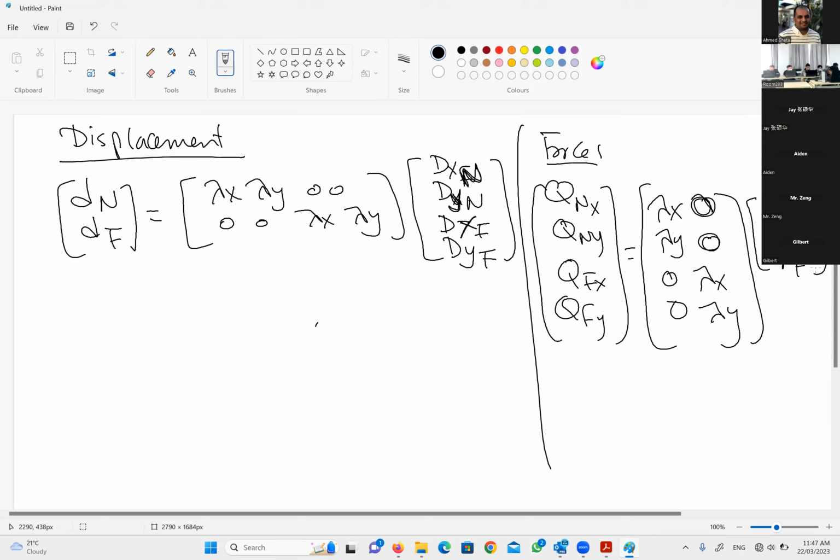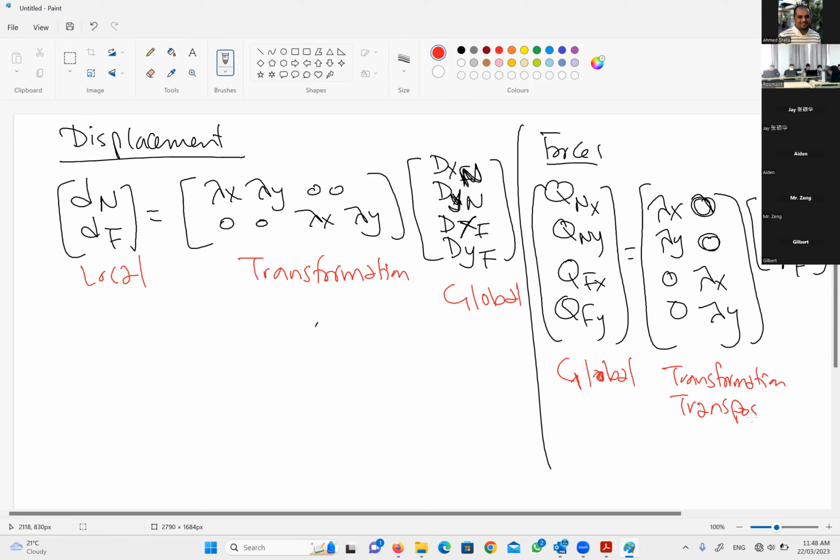Okay, so this is a comparison between transformation of forces and transformation of displacement. Here we have local equal to the transformation matrix times global. Here global equal to the transformation matrix transpose times the local.